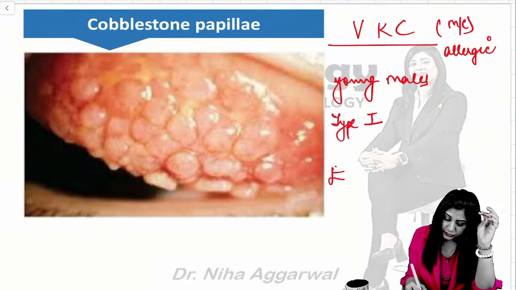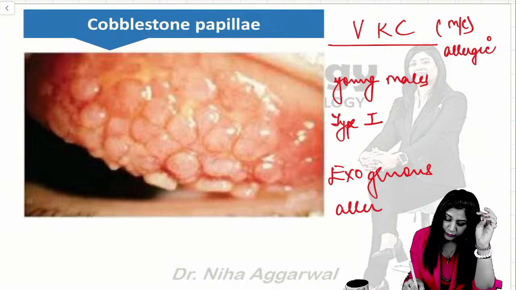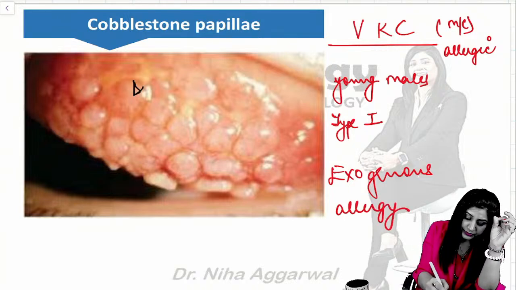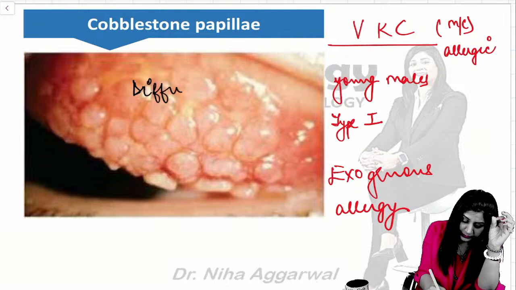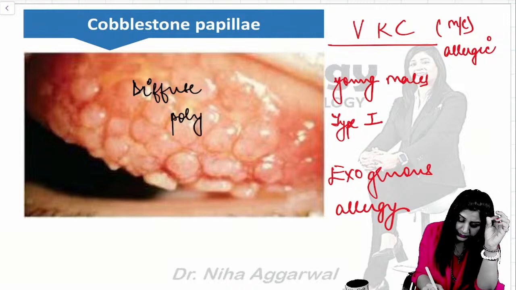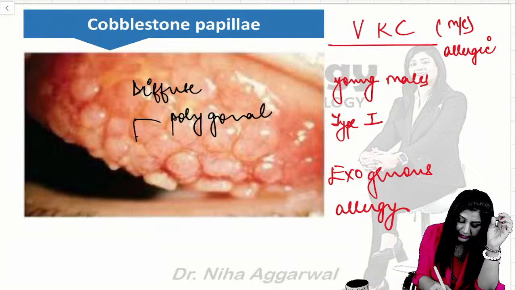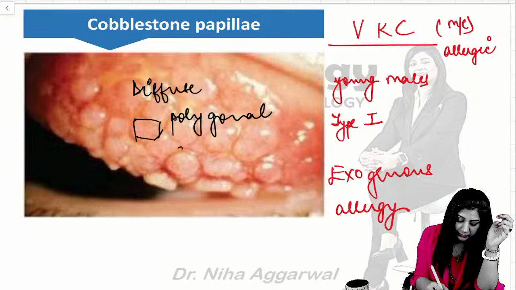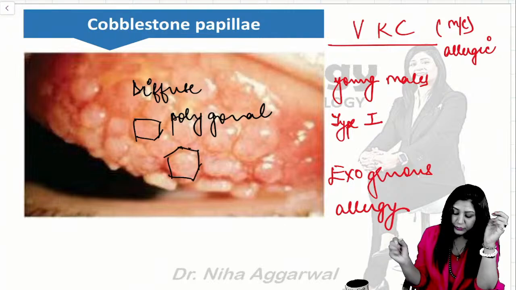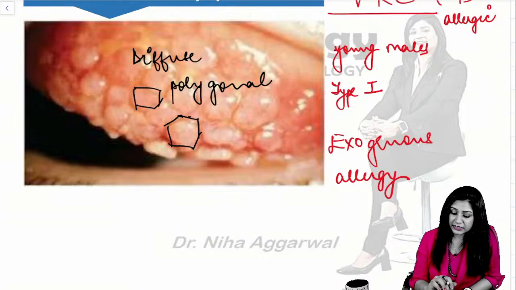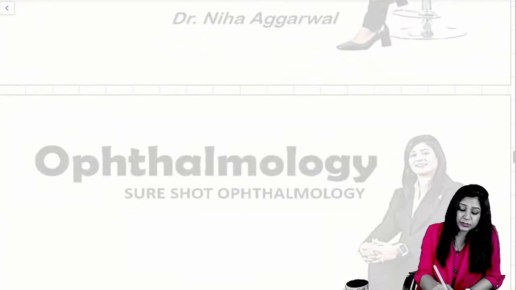You will get a history of exogenous allergy along with the diffuse polygonal raised area. It can be pentagonal also, it can be hexagonal also. So whenever you are getting such kind of things, you are sure that it is a case of vernal keratoconjunctivitis, especially if they are complaining of itching.